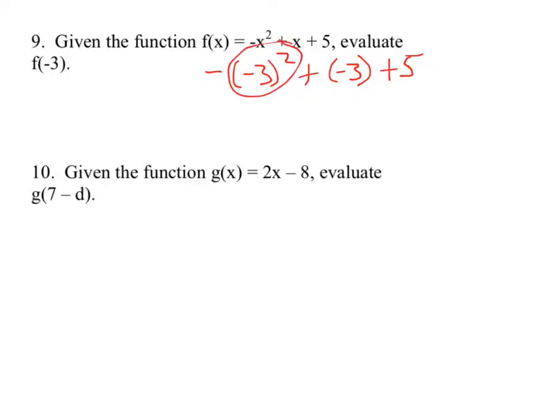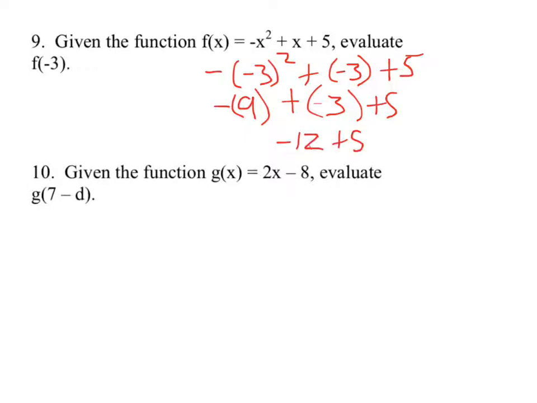Well, you do parentheses first, but there's nothing going on in the parentheses, so now you have to do the exponents. So negative 3 squared is 9, and so we've got negative times 9 plus negative 3, and then plus 5. Well, negative of positive 9 is just negative 9, plus negative 3 gives you negative 12. And you add the 5, and that's going to give you negative 7.